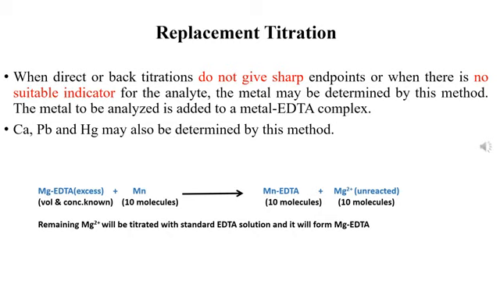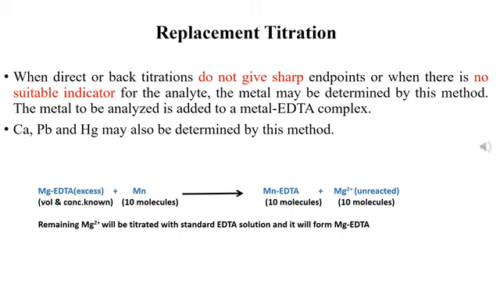So in this example we can see in this equation that we have taken magnesium EDTA solution in excess, whose concentration and volume will be known to us, and we added manganese in it. Here these manganese ions will replace these magnesium ions.